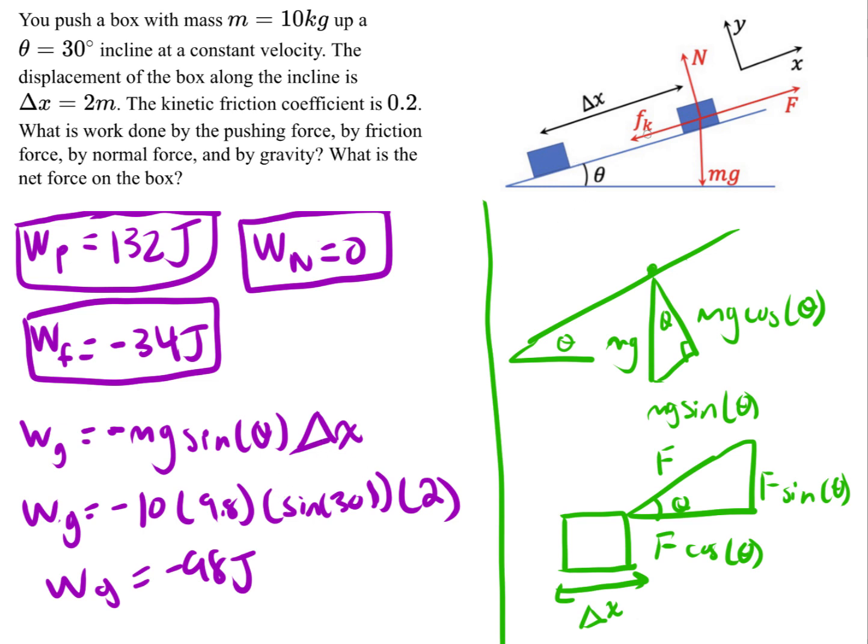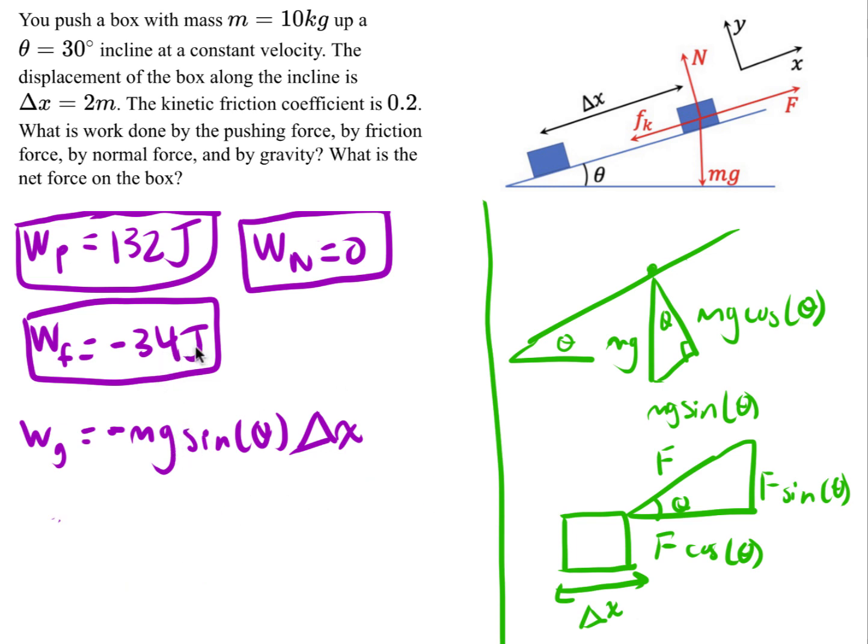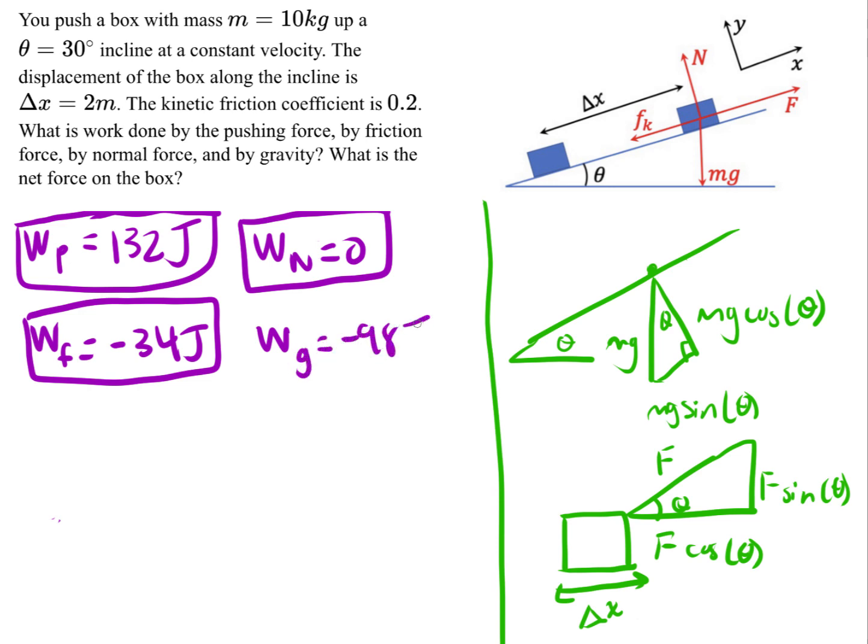And again, this is also in the same direction as the friction, so it's acting opposite of the pushing force. It's pulling the box back down, it's opposing your push. So then, let me rewrite this up here. The work done by gravity is equal to minus 98 joules.